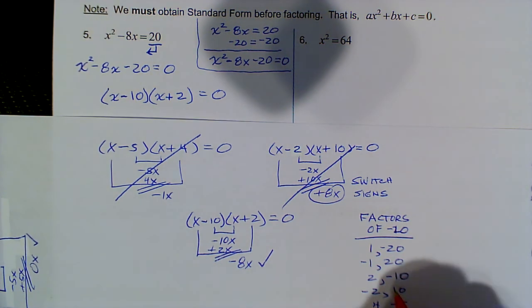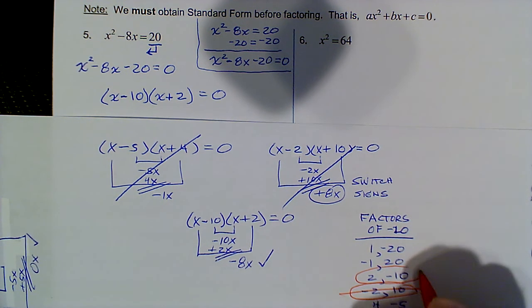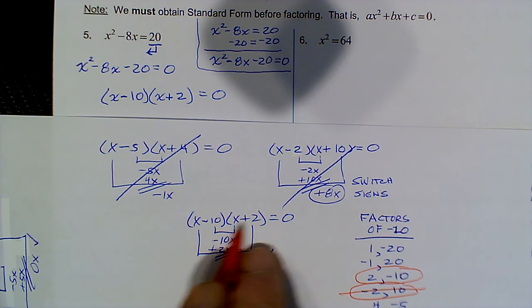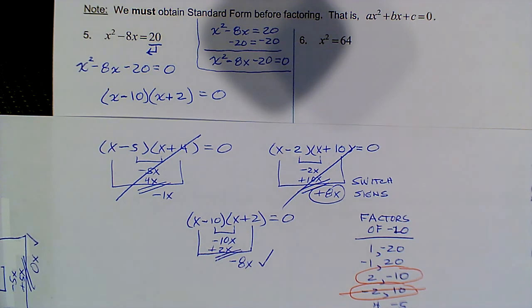Oh, I'm sorry, that would be positive 2 and negative 10, because we wanted a negative 8. And that's what we've successfully done by the trial and error method.